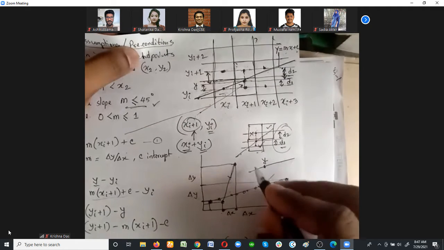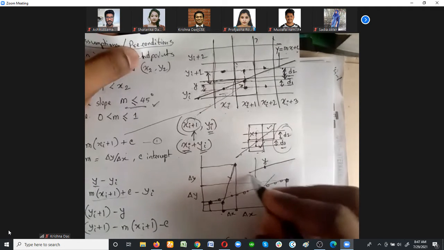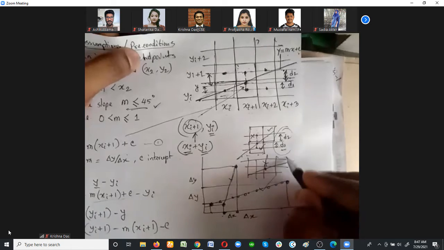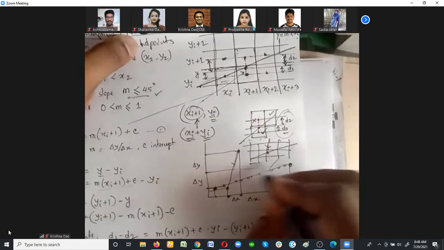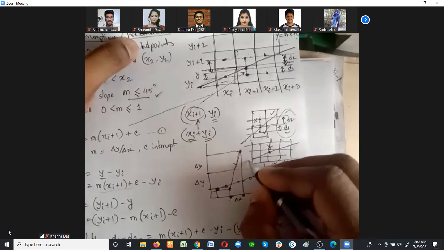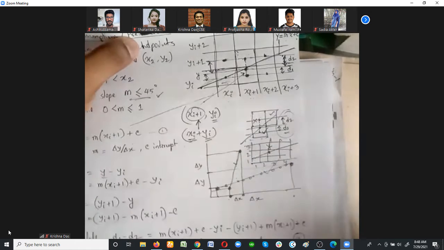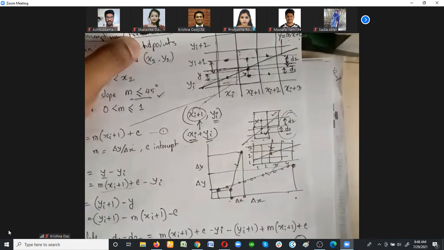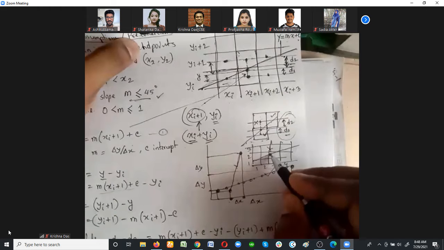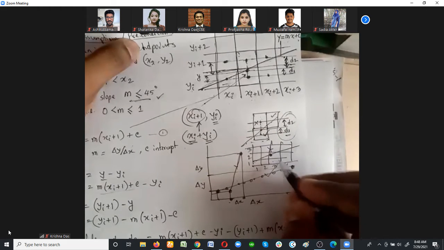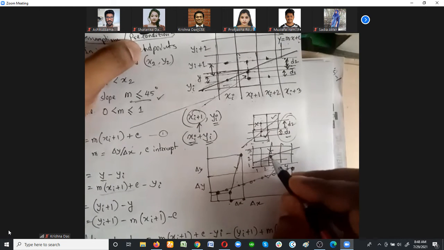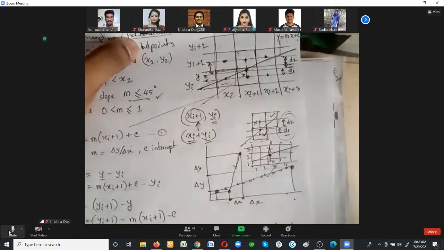But whenever we are talking about the pixel, in different pixels, each pixel has some value. This is 1, 2, 3, 4, here maybe y 1, 2, 3, like this. Now this point, to this pixel, the distance will be this one.